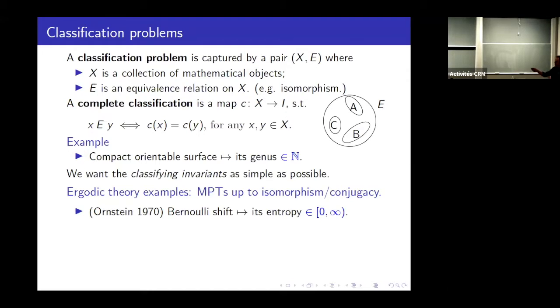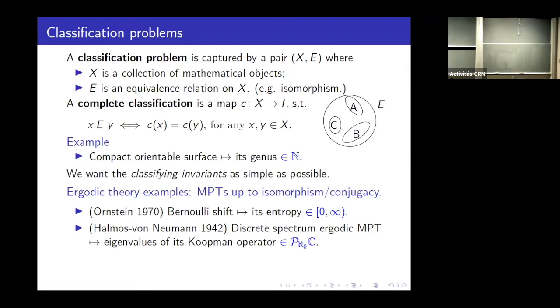So in this case, it's a complete classification where the invariants are real numbers, the entropy of the system. And there's an earlier, also famous classification result of Halmos and von Neumann of the discrete spectrum ergodic measure preserving transformations. It's not going to be important for today what this is at all.